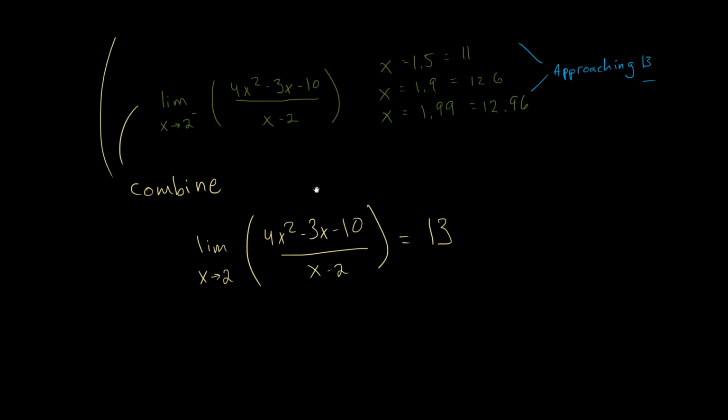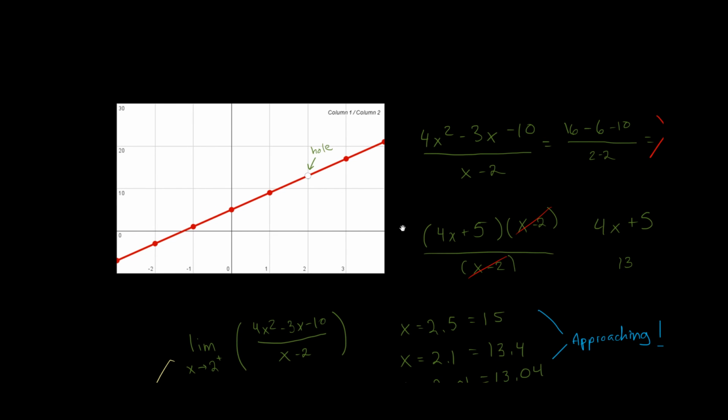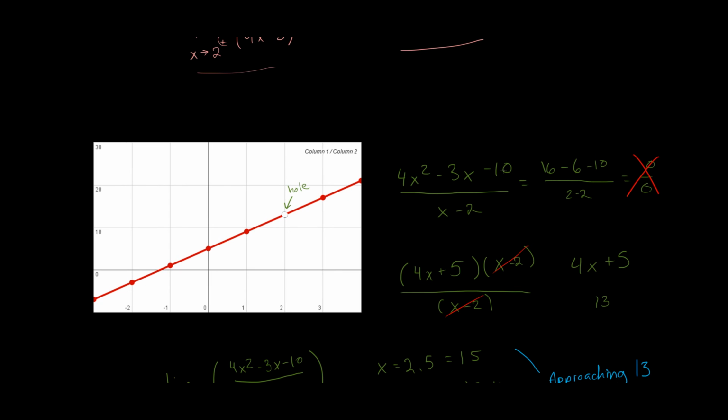So what this is telling us is that if we graph 4x squared minus 3x minus 10 over x minus 2, then as x gets closer and closer to 2, regardless of whether we come from the left side or the right side, we're going to be approaching a y value of 13, even though technically there's a hole at x equals 2.